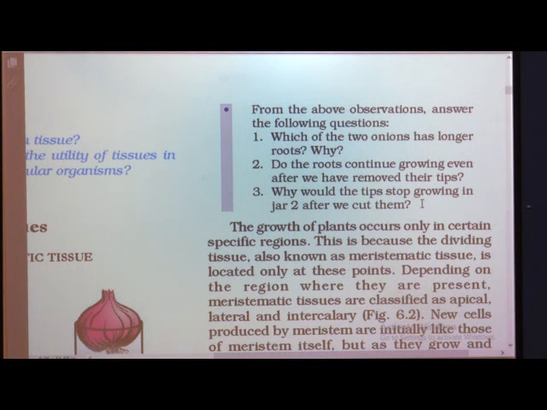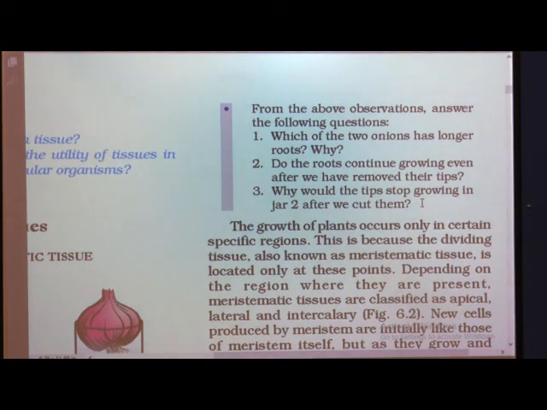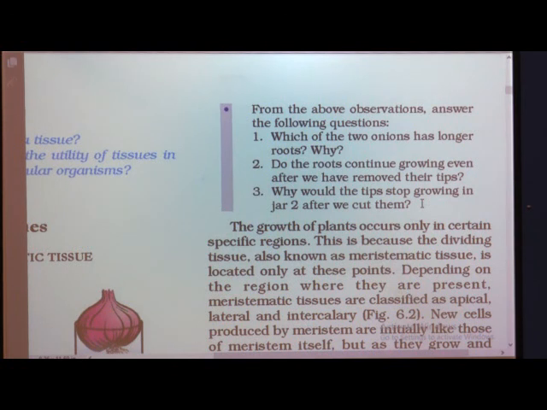The meristematic tissue has regions like apical, lateral and intercalary. When we cut the onion root tip, what happens? The apical meristem tissues, which are responsible for the increase in length, are cut off. As a result, the growth of the root is stopped.